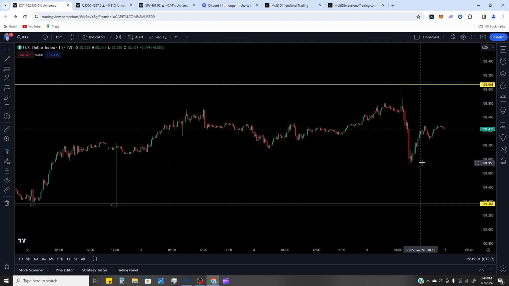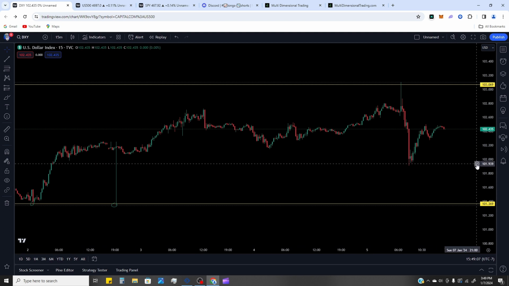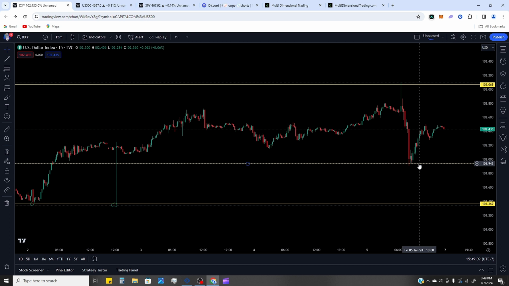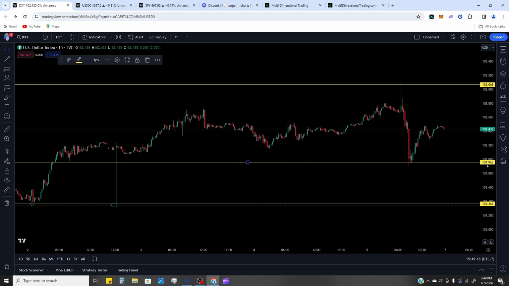Where did we get our bounce right here, right? Well, I'll go into this area, and for me, the number signal will be 101.963, which is also, if you read it backwards, 369.